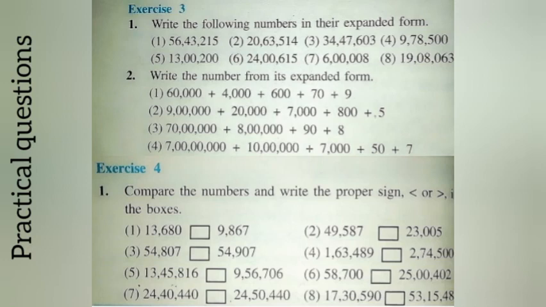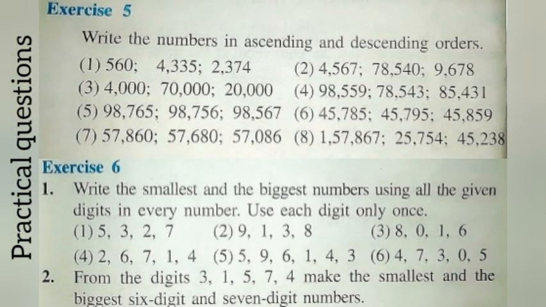Exercise 4, compare the numbers and write the proper sign. You have to find which is the bigger and the smaller. Properly use the signs. Exercise 5, write the numbers in ascending and descending order. You have learned about ascending and descending order in your previous classes, so convert these figures into ascending and descending orders. 6th exercise, write the smallest and the biggest.